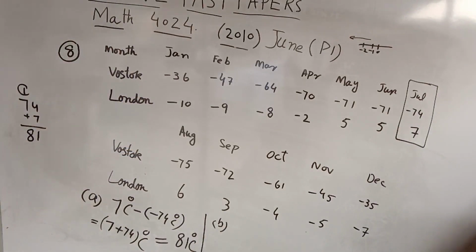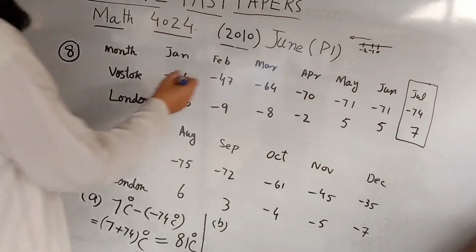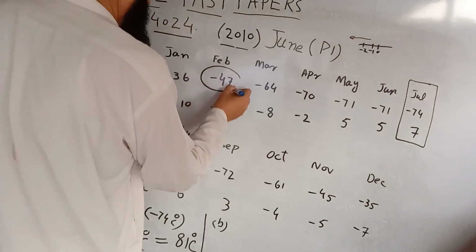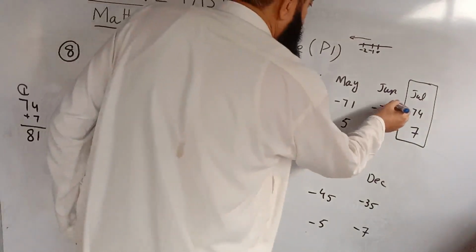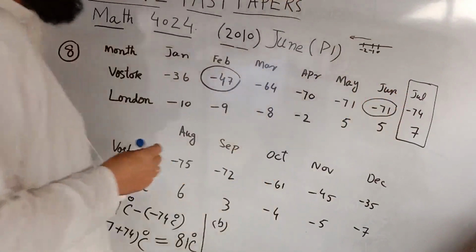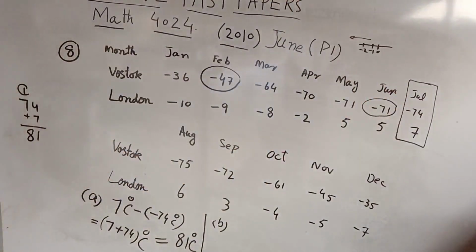the difference between the temperature in Vostok in February and June. We saw the temperatures of Vostok in February and June. It is February and this is June. We have to find the difference in temperature.